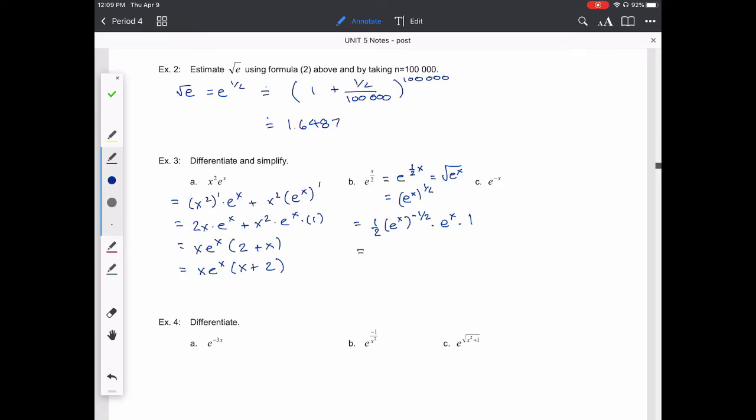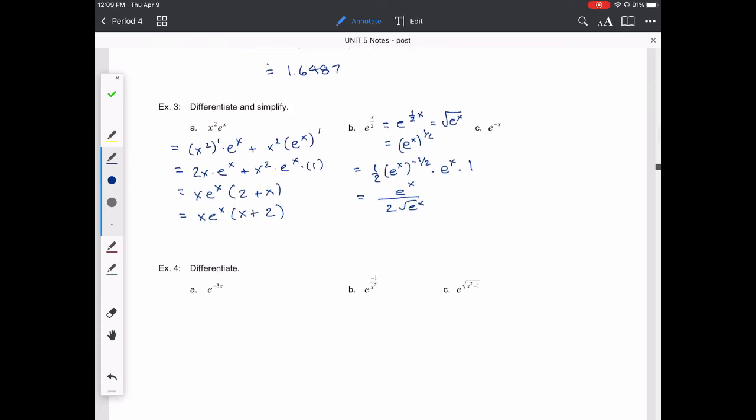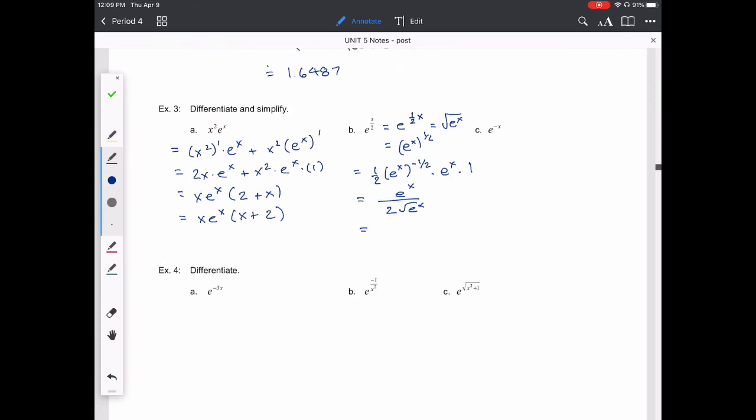So if we clean this all up, we have our 2 root e to the x on the denominator. We have our e to the x on the numerator. So when I rationalize this and clean up even some more, my final answer should look like e to the x under a root sign over 2. You may need a couple of seconds to process that.